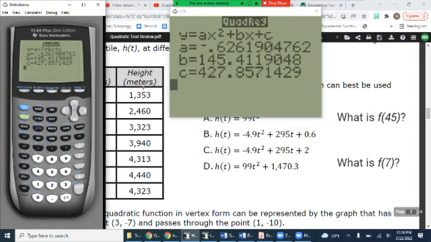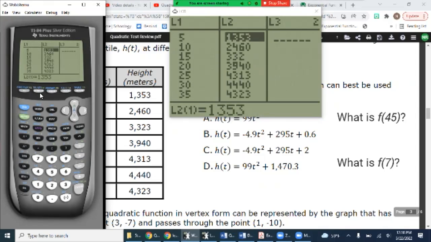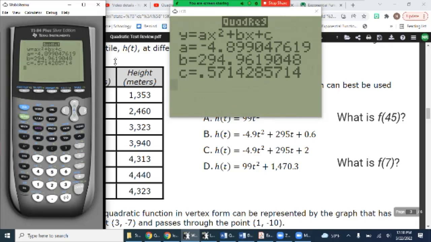I got something wrong. All right, so you get -4.89, which rounds to -4.9, 294.96, 295.57. So yes, B is the correct answer on that.